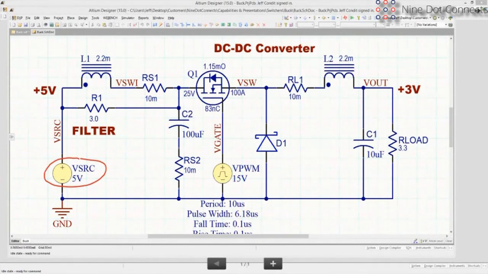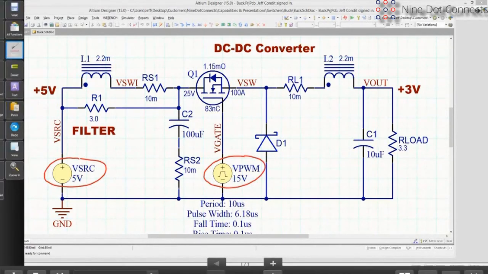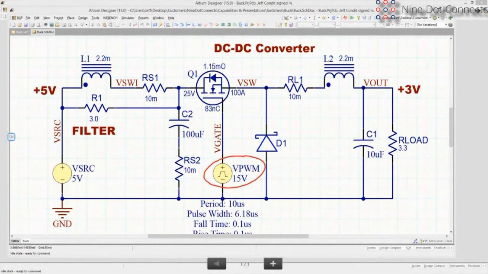This is basically configured to output 3 volts if you have 5 volts in, based on a duty cycle that is specifically set by pulse width modulation. In the real world, we would take this one step farther and then actually make a feedback loop to make that happen. In general, what we want to do is take the voltage and chop it up in some way and spit it out into the load.